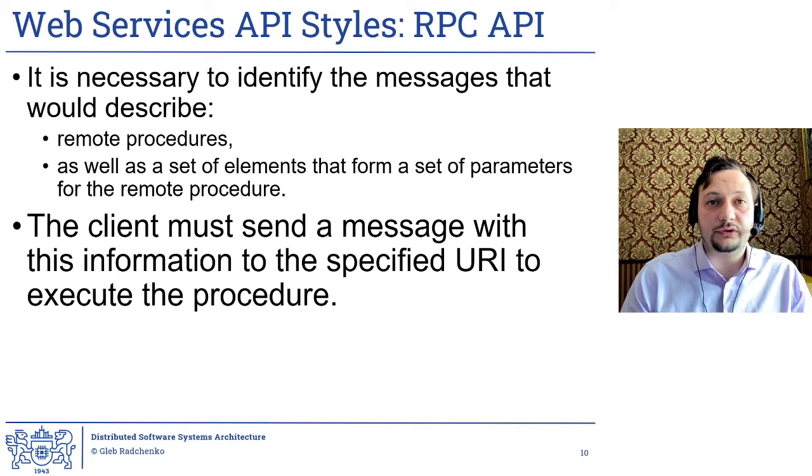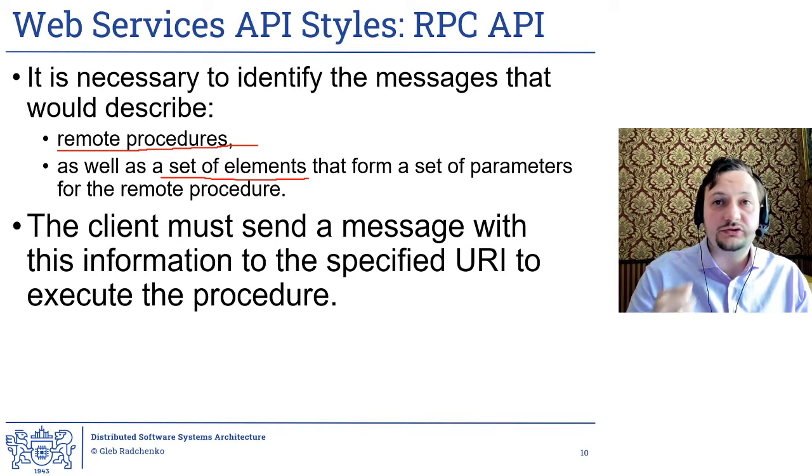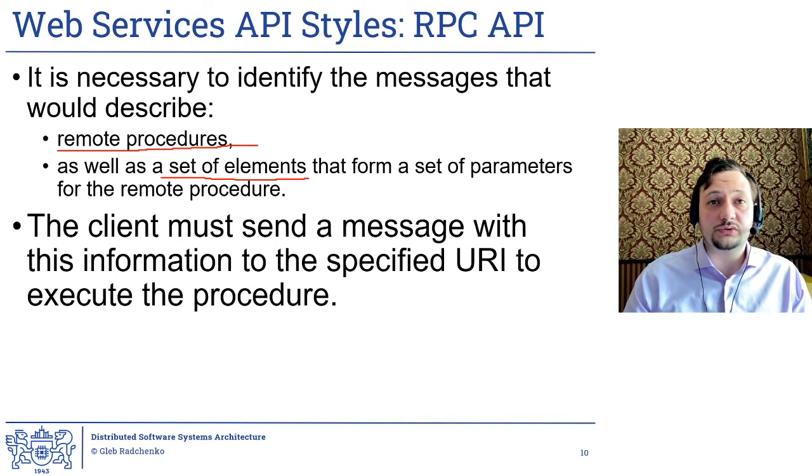To implement the call of the remote procedure using the HTTP, it is necessary to identify how we would describe the remote procedure, how we would describe a set of elements that we need to send to this remote procedure to get the results back, and how we would describe the results of the implementation of this remote procedure. And we need to understand where this remote procedure would be located.